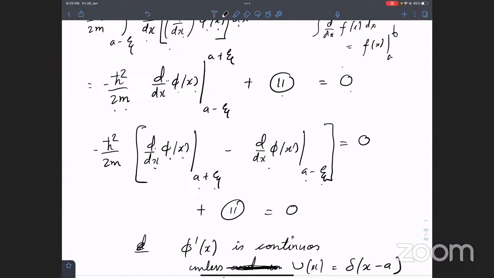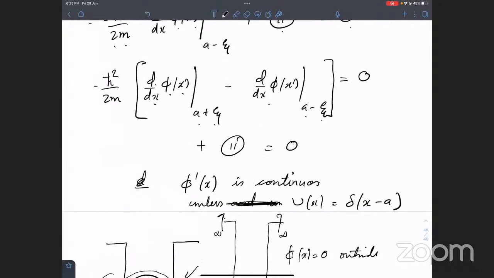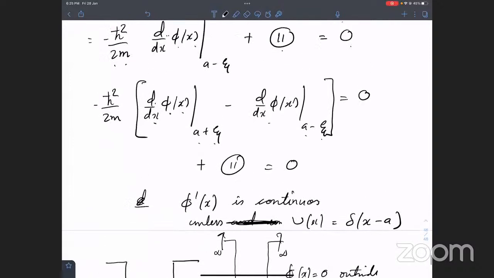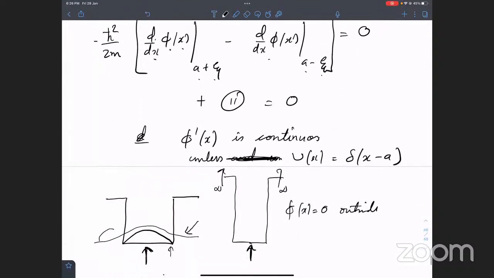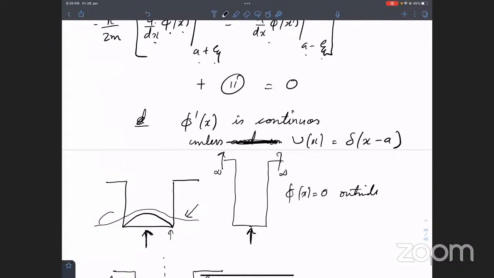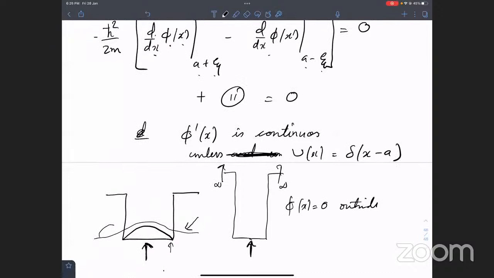So we allow that. Only if there is a delta function is the derivative of the wave function not continuous. So in every situation in real life, the wave function must be continuous and differentiable. We use this derivation in solving for the wave function in the finite potential well.